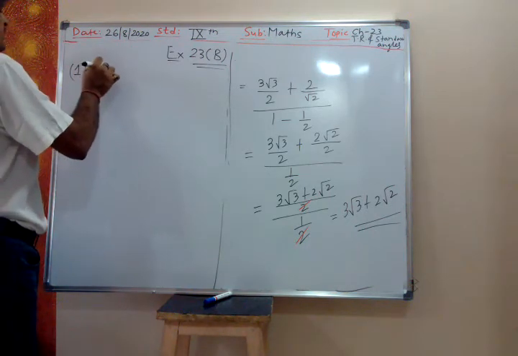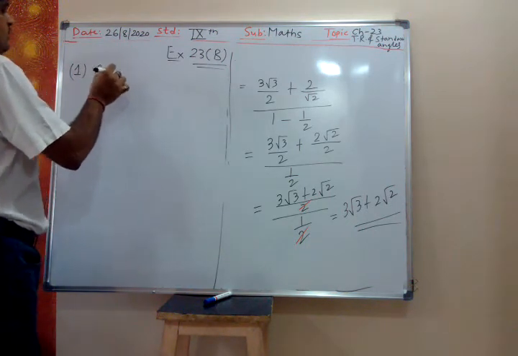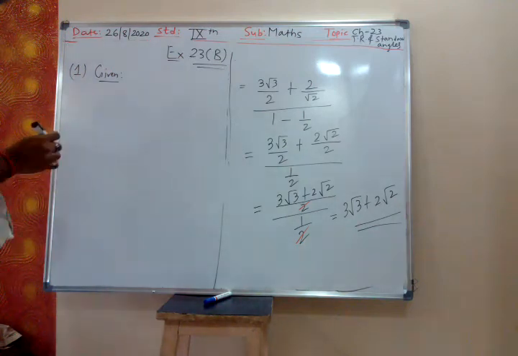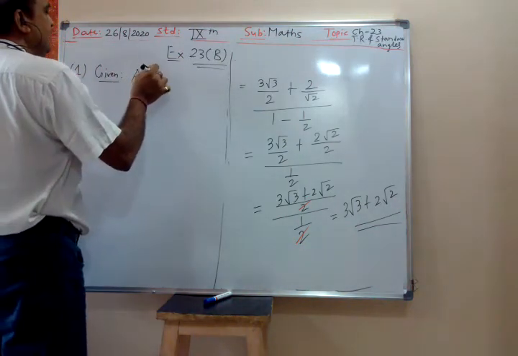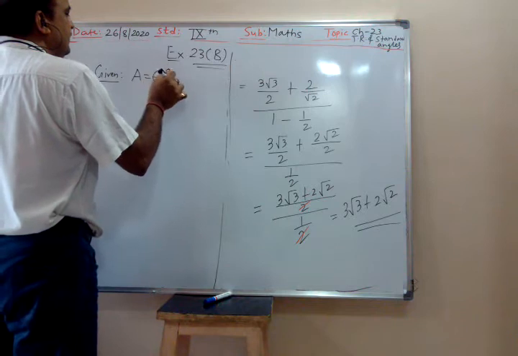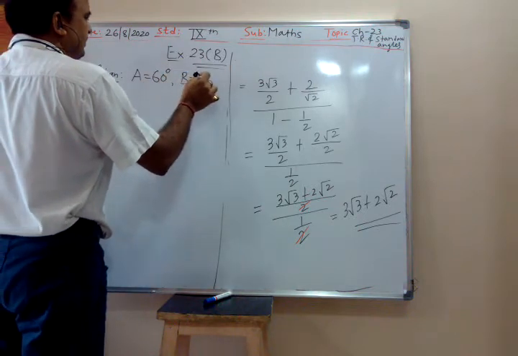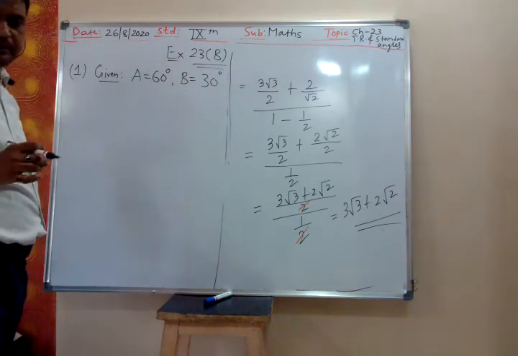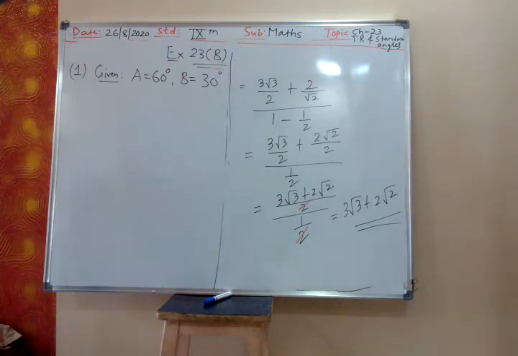So given A is 60 degree and B is 30 degree. Let me do the first one. First, second, third, fourth.